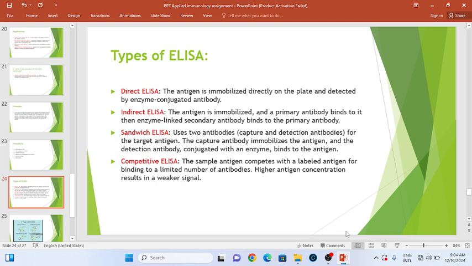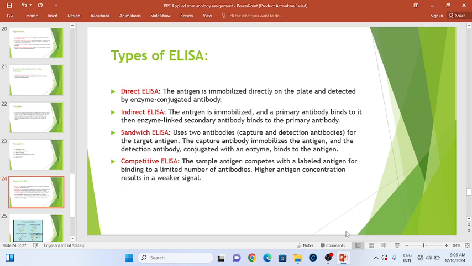We also have competitive ELISA, which is an ELISA type used to detect antigen, but here the well is coated with antigen, meaning antigens are going to compete to bind.